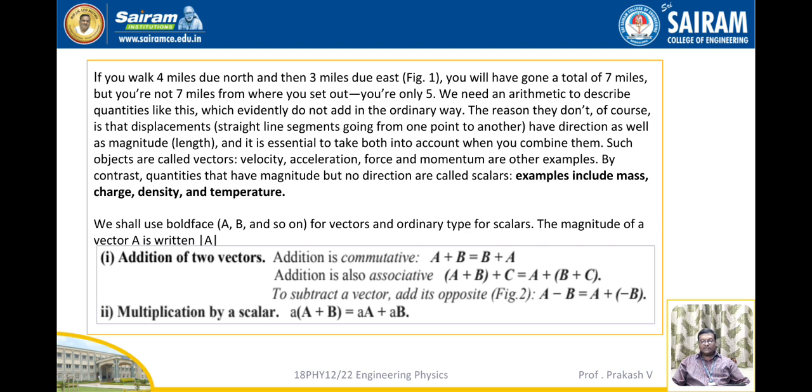So we need an arithmetic to describe quantities like this, which evidently do not add in the ordinary way. The reason they don't, of course, is that displacements have directions as well as magnitude, and it is essential to take both into account when you combine them. Such objects are called vectors.